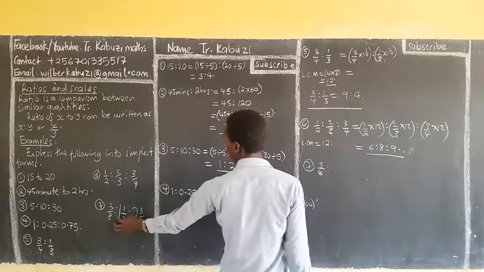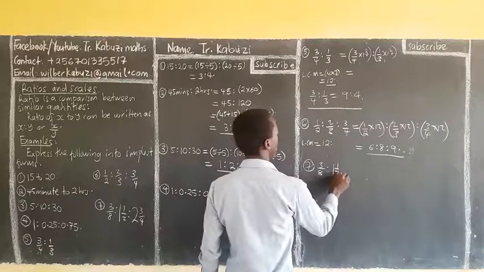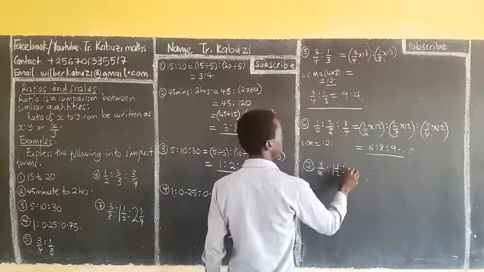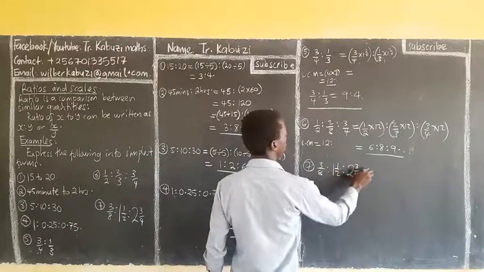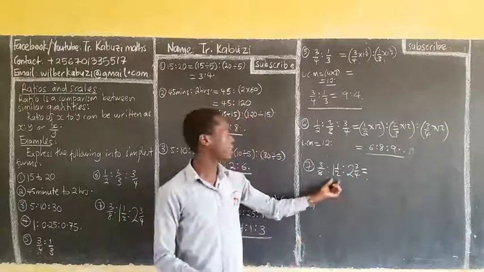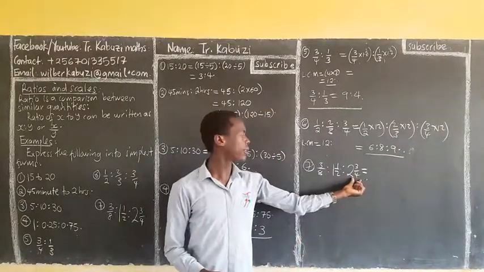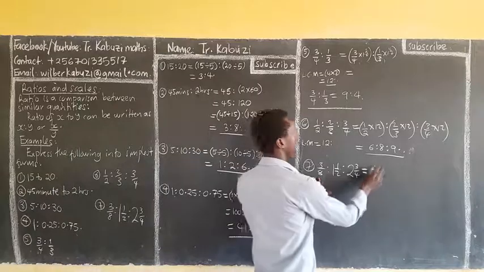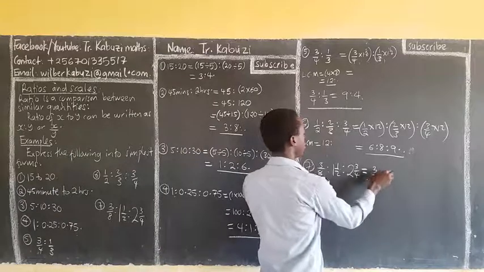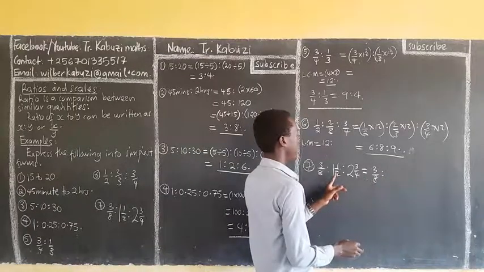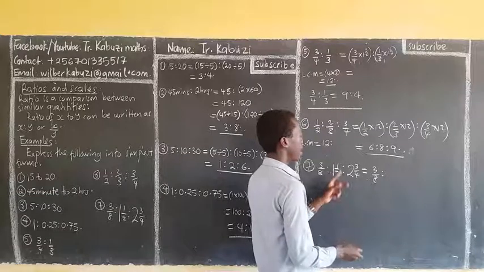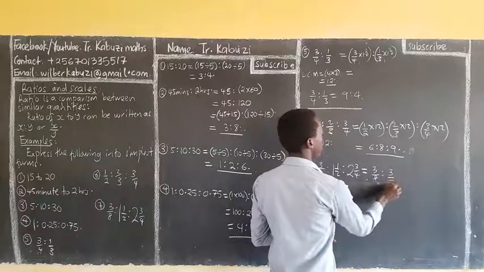Now I convert these ones, 3 over 4. What we do, we are going to convert these ones to improper fractions. So this will be 3 over 8, this will be 2 times 1 is 2 plus this, 3 over 2.